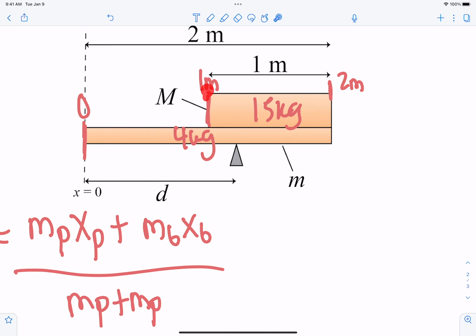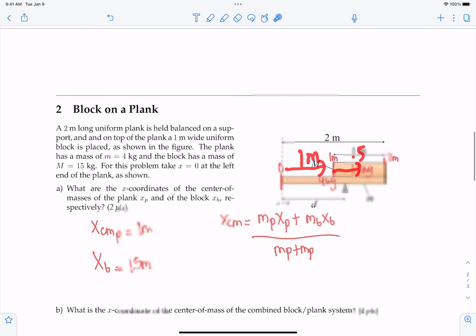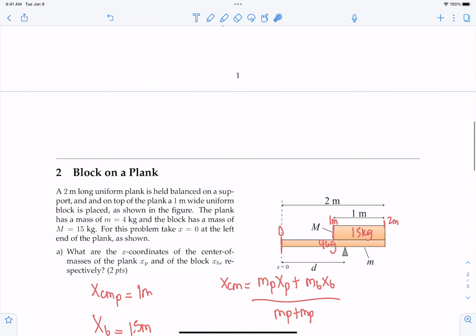But then it's 0.5 meters to the right from this starting position. Now, this position relative to the 0 point that we indicated is 1 meter away. So 1 meter and then an additional 0.5 to get 1.5 meters. Otherwise, I don't think there's a way that you can use the equation to calculate the center of mass of that one alone.